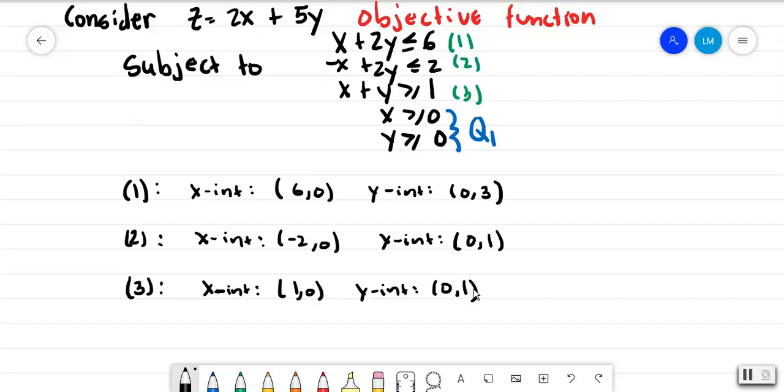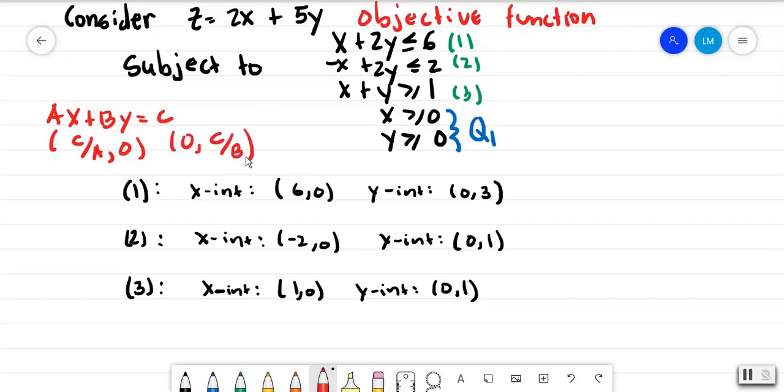Now if you're having trouble finding the x-intercepts and y-intercepts, remember that in a previous video I mentioned that if you have a boundary line of the form ax plus by is equal to c, the x-intercept is given by c divided by a comma 0, and the y-intercept is given by c divided by b.